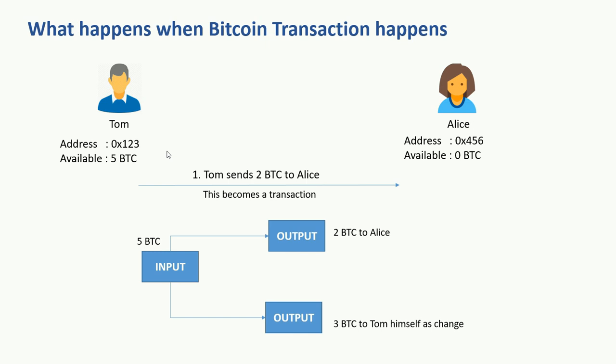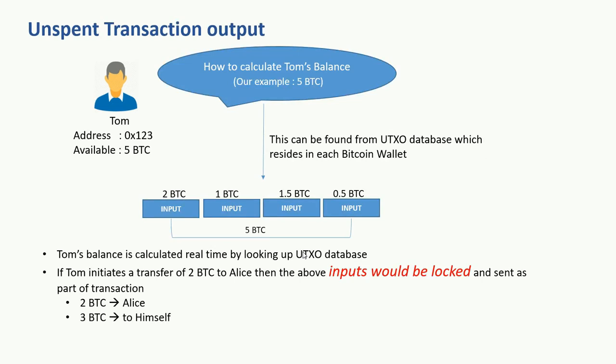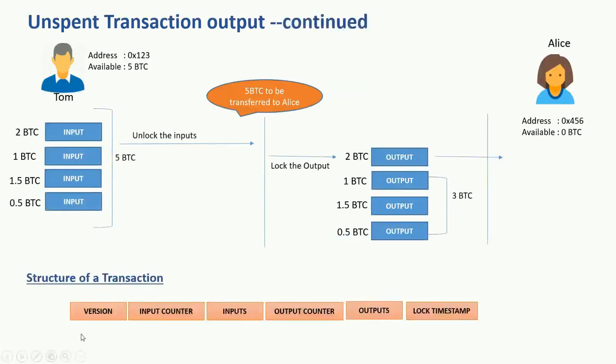Now let's look in detail at these inputs and outputs. Before that, I'll show you the structure of a transaction. When you open your wallet and send 2 bitcoins to anybody, and hit the send button, a transaction gets initiated behind the scenes. What details does this transaction contain?